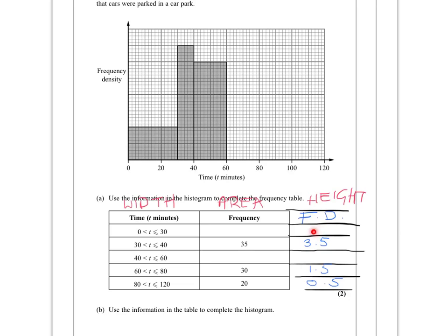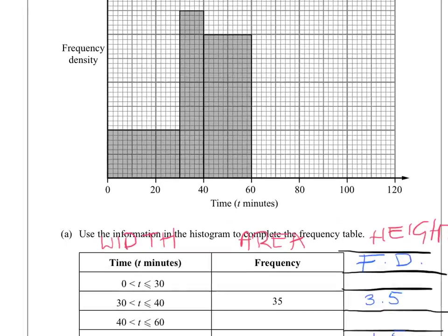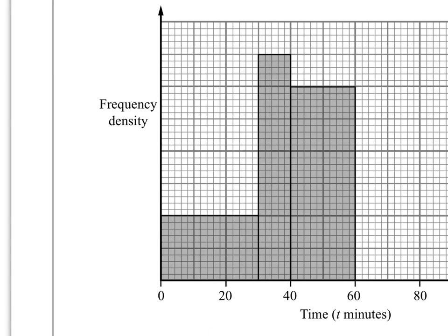And we've worked out that its height must be 3.5. So now we can label that part of the axis 3.5. And with that in place, we can now start to label the rest of the y-axis.